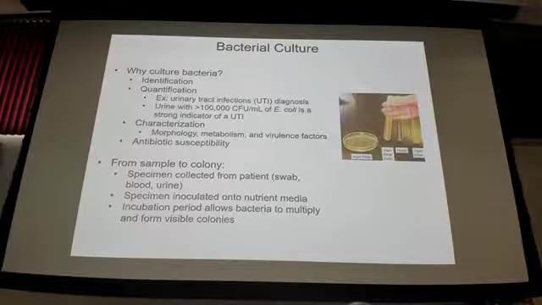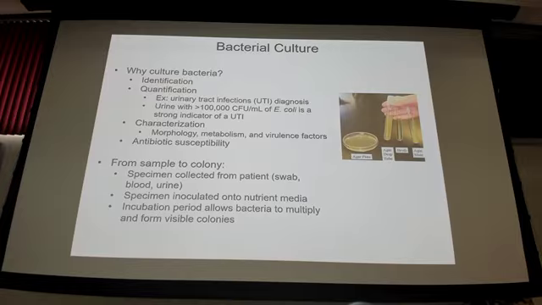In terms of other reasons why we would culture bacteria, identification we've talked about, but we can also in some instances quantify the bacteria. UTIs are probably the best example of quantifying bacteria with culture. When you have a urinary tract infection, if it's a clean catch specimen, we expect there to be some E. coli in that specimen. So there's sort of an arbitrary cutoff.